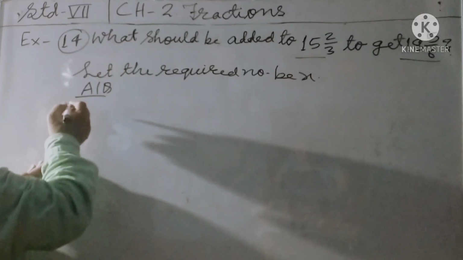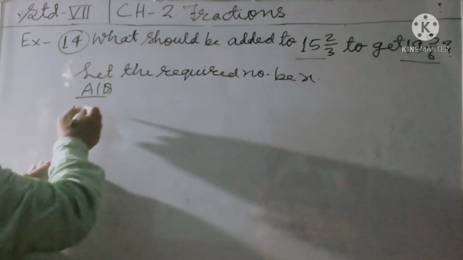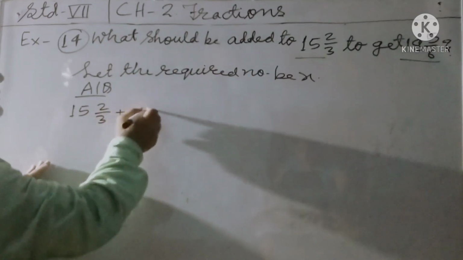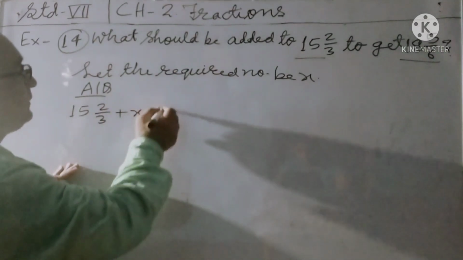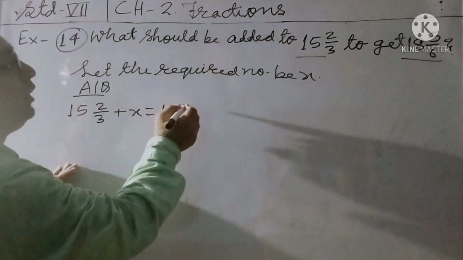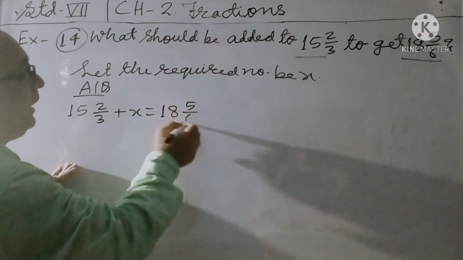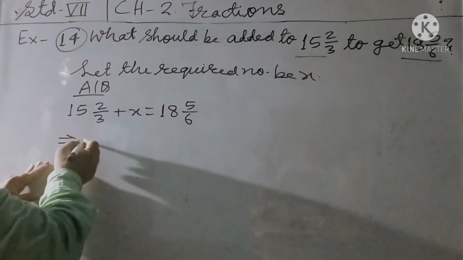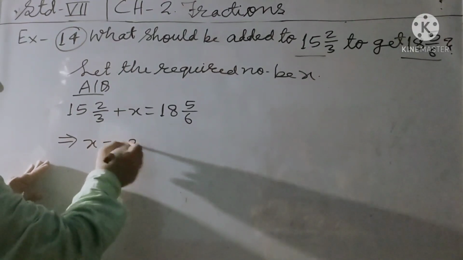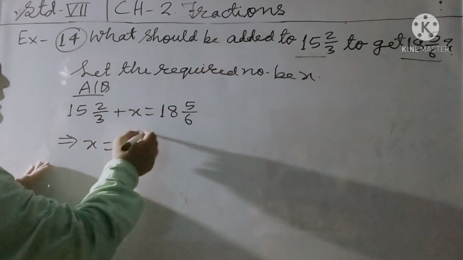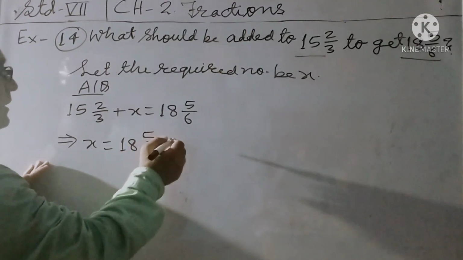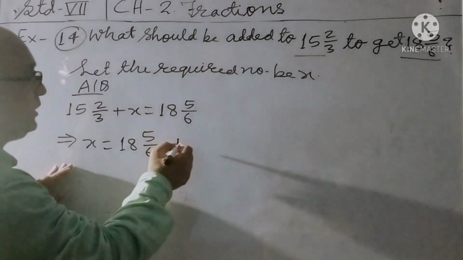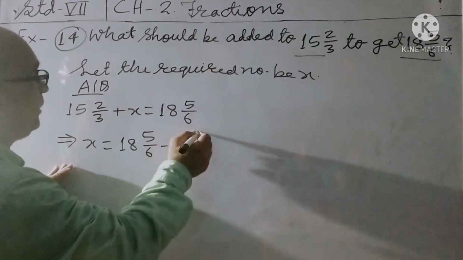According to the question, 15 whole 2 by 3 plus x equal to 18 whole 5 by 6. That implies x equal to 18 whole 5 by 6 minus 15 whole 2 by 3, by transposition.